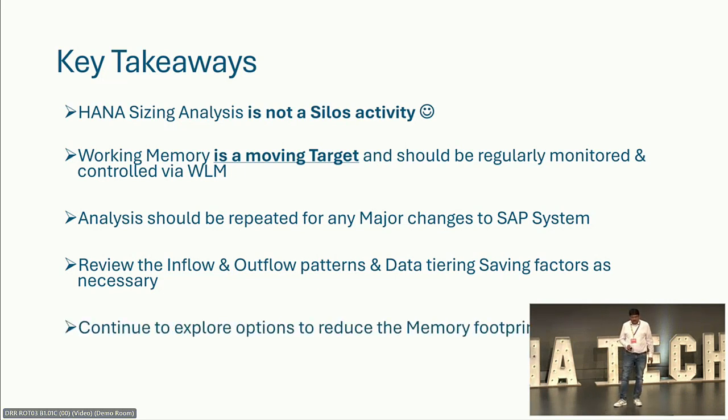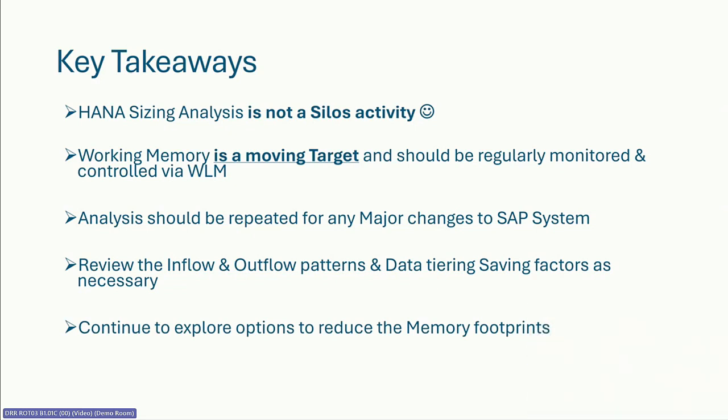Now, there are many other options to reduce your memory footprint. For example, if a table has a VARBINARY column, you could consider converting it to a disk LOB column. That would bring a lot of savings, but it comes with a cost. So you have to see what works in your favor in terms of performance when you make certain changes.